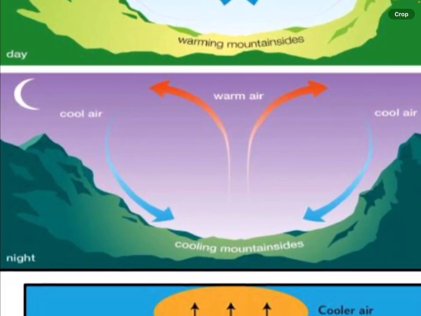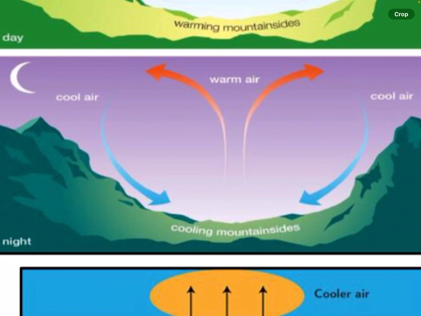But what happens at night time? At night time, the air at the top level of the mountain becomes cooler and the valley's air becomes warmer because of the cooler air at the top of the mountain.